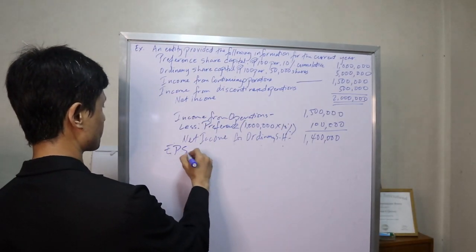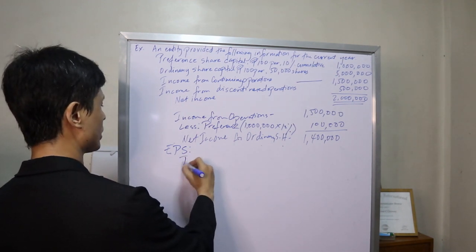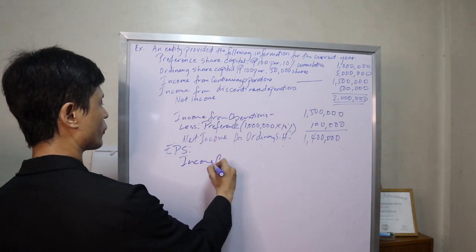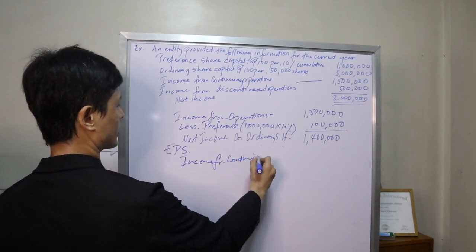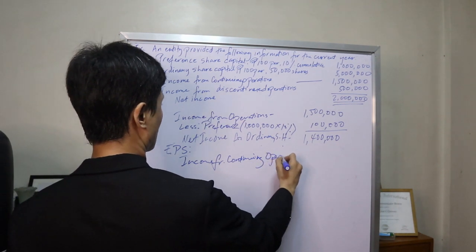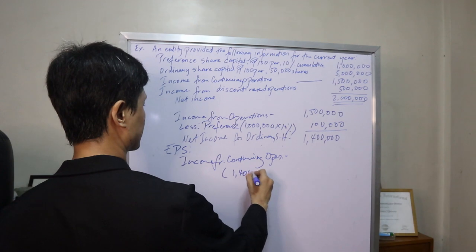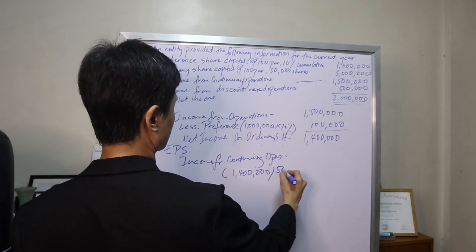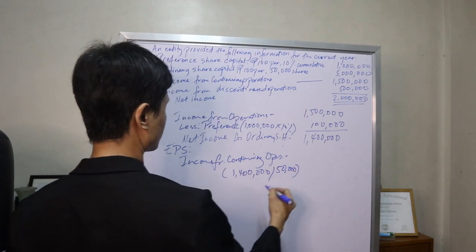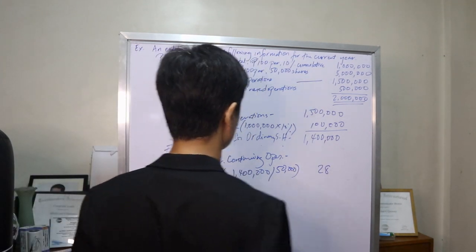So the earnings per share. Pwede natin computein. So unahin muna natin yung income from continuing operations. So this would be computed as 1,400,000 divided by yung shares, which is 50,000. So this would be, okay, how much? This would be 28. Yan.